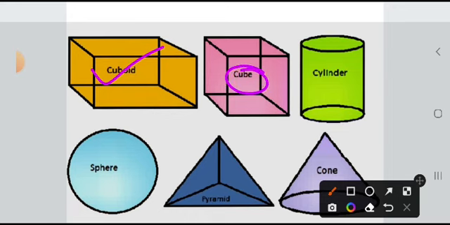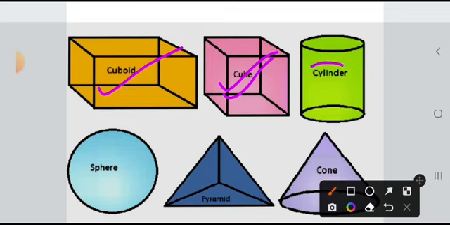Likewise, on the faces of a cube you can find square faces. How many squares are there? You can see now there are 6 squares. So a cube is also a solid object, and its faces are completely made up of polygons. So a cuboid is made up of polygonal surfaces, and a cube is also made up of polygonal surfaces.